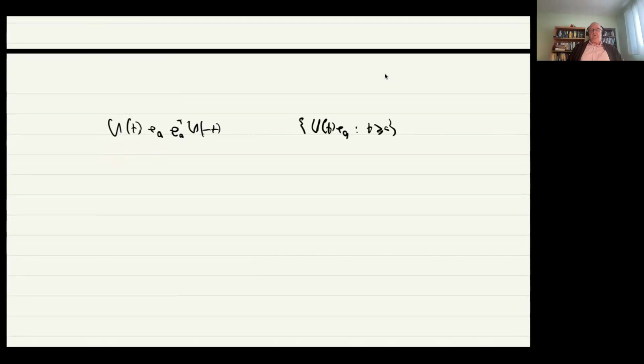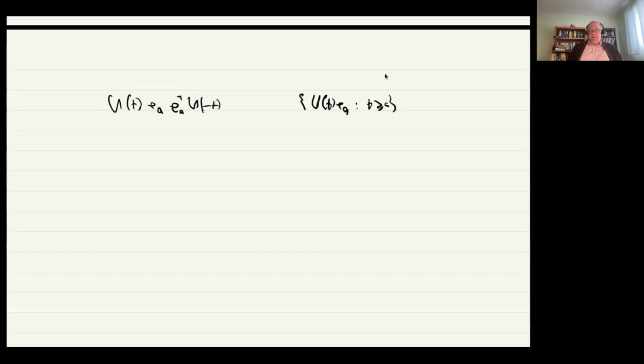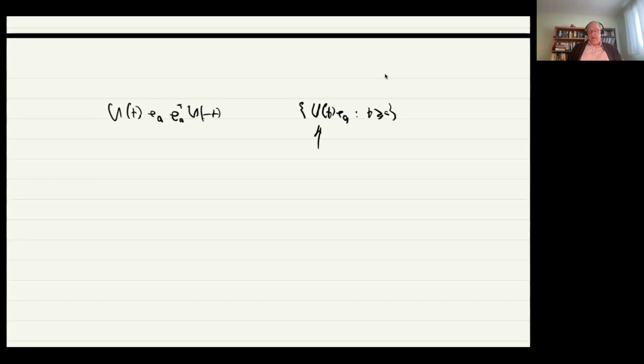So that's the vector space you're working in. Now, the thing to bear in mind is that U(T) is a polynomial in A. So everything you see is in this space.